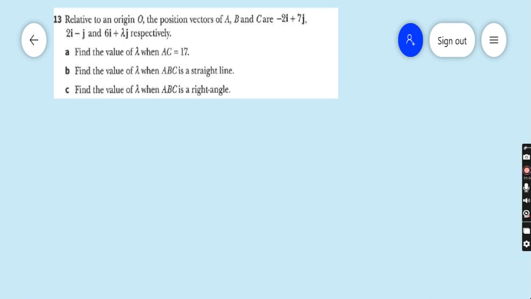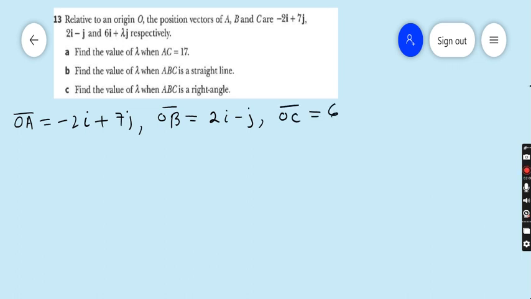Relative to an origin O, the position vectors of A, B and C are: OA is given as minus 2i plus 7j, OB is given as 2i minus j, OC is given as 6i plus lambda j.